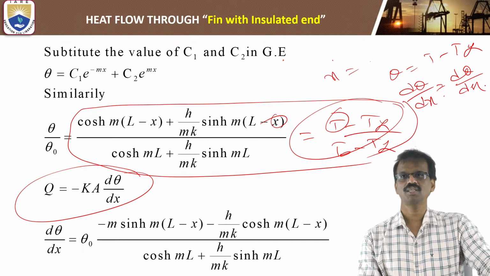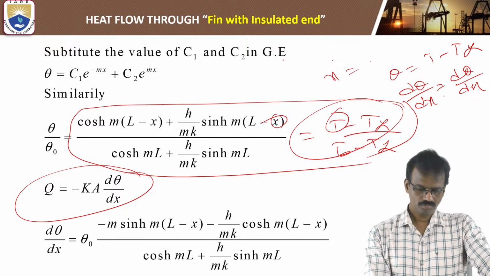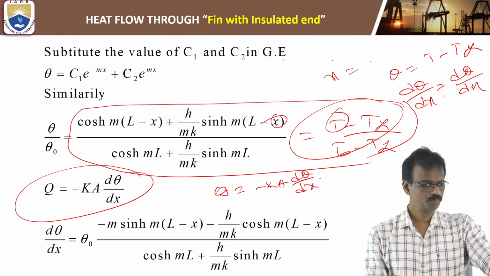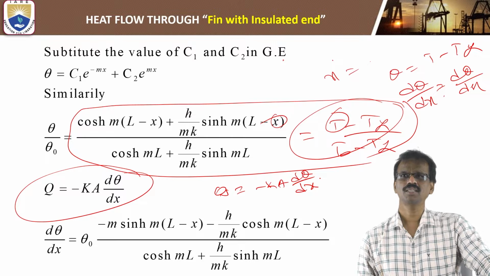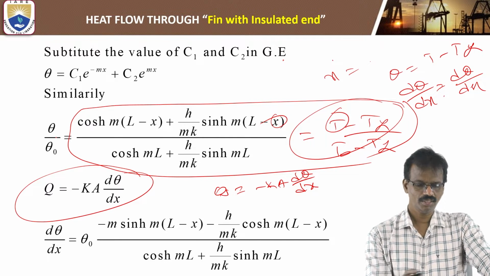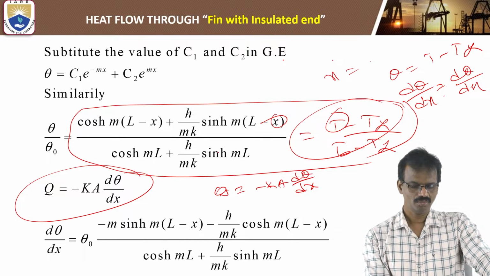T infinity is the ambient temperature, that is a constant. So Fourier's law is Q equal to minus kA d theta by dx. You differentiate with respect to x, then you will get this value.